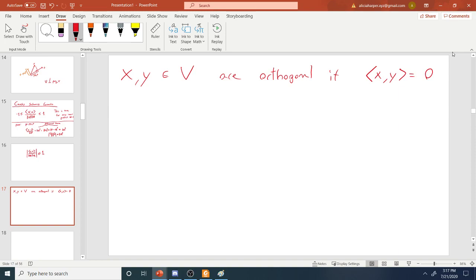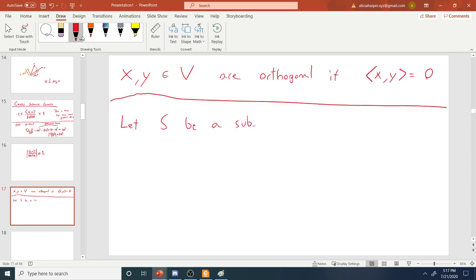What we're going to do is give a notion of orthogonality not just for a pair of vectors, but for a basis. So let S be a subspace of V with basis x1 through xk.